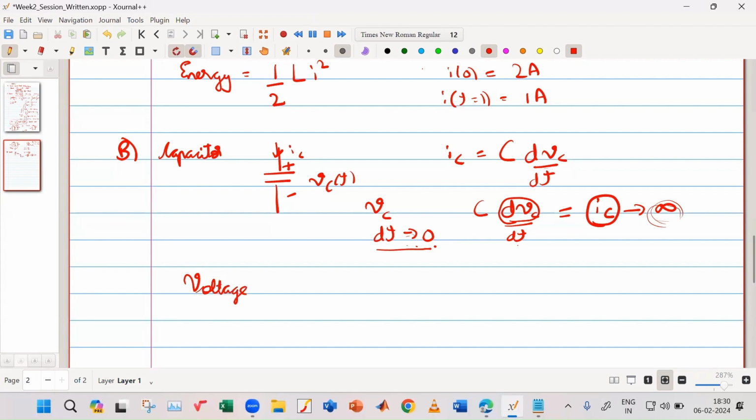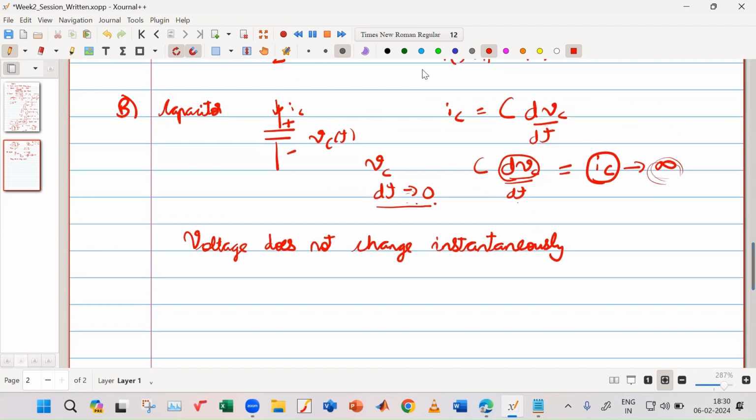Now, your building block equation is this. This is the equation you must remember for a capacitor. Now you want to find the voltage in a capacitor based on the current flowing in the capacitor.